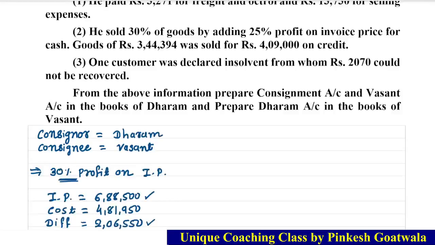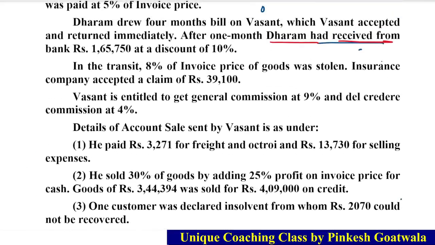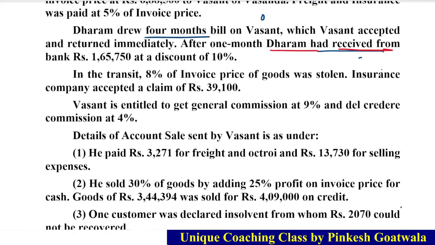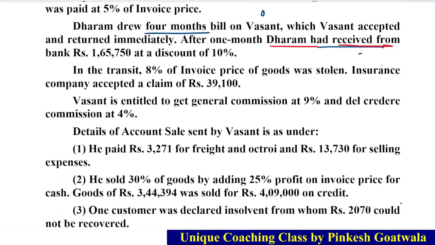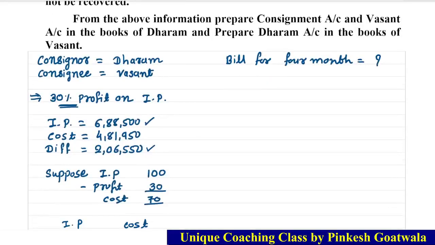So now let's calculate this. So write all the information. 4 month bill છે. Okay, write all the information in shortcut, in a short way. Bill for 4 months. Okay, its amount is not given, we have to find that out. Then after 1 month discount. Okay, discount ક્યારે કર્યું છે?